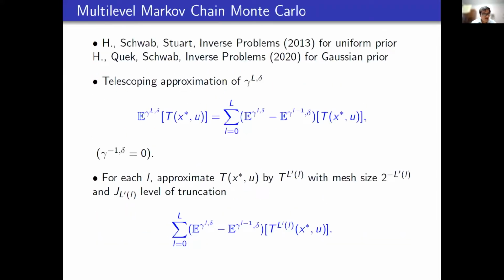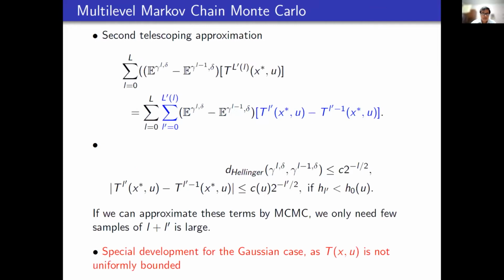So we can show, I don't have time here, but we can show that we can write it as this double telescopic sum of the posterior mean value for some functions of U, for which we can use Markov chain Monte Carlo to compute.